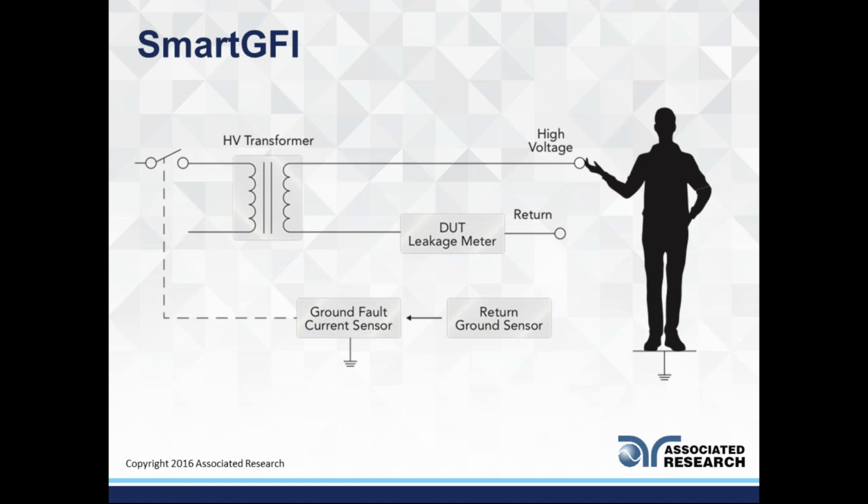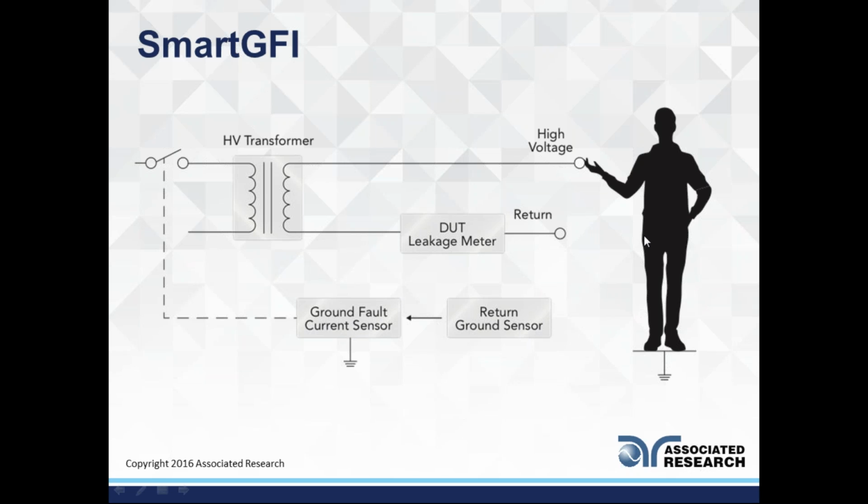It's got nothing to do with standards or what you're testing to. This is purely to maintain a safe atmosphere for your operator. So we have our return ground sensor and our ground fault current sensor.